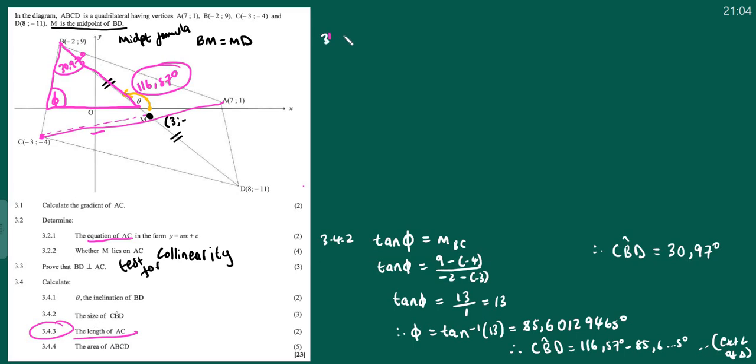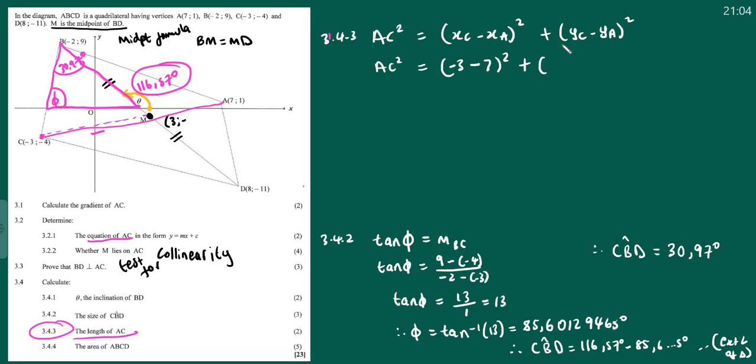So for 3.4.3 we can say AC squared will be equal to x of c minus x of a squared plus y of c minus y of a squared. So the x coordinate at c is -3, and the x coordinate at a is 7. The y coordinate at c is -4, and the one at a is 1.